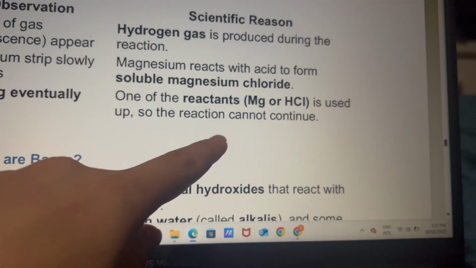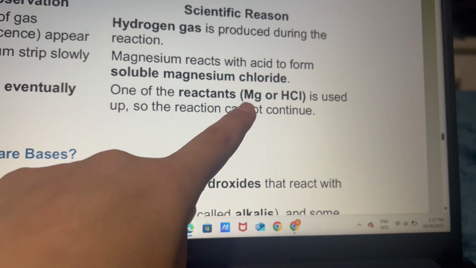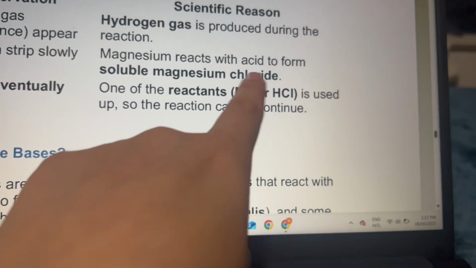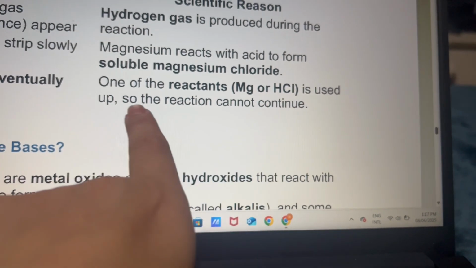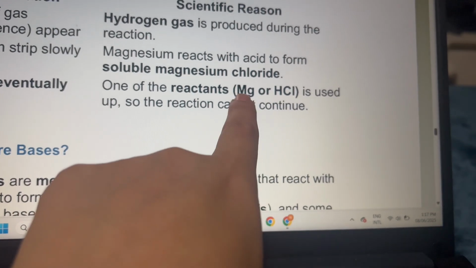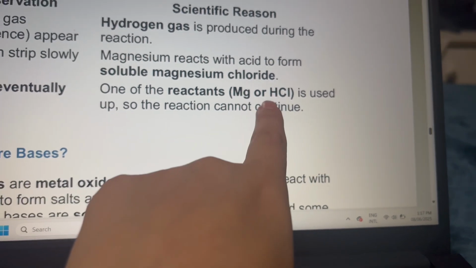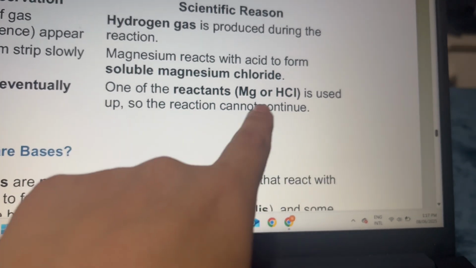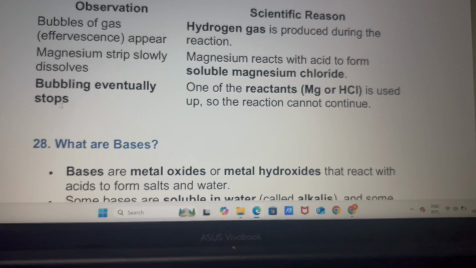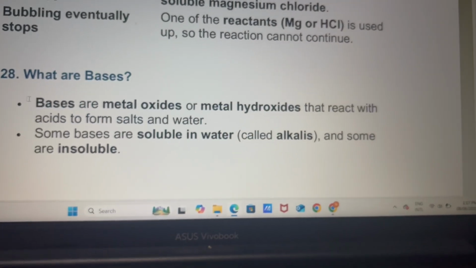So the reaction cannot continue. Like magnesium was used up or hydrochloric acid was used up, one of them turned into products first. That's why the reaction will not continue.